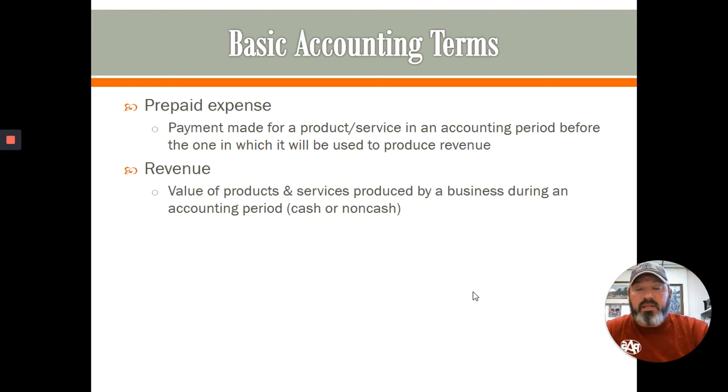A prepaid expense is a really good opportunity to maybe capture some discount percentages that reduce your operating expense. It's a payment made for a product or service in an accounting period before the one in which it will actually be used to produce the revenue. So you may pay for a fertilizer and chemical package that won't be applied until the next cropping year.